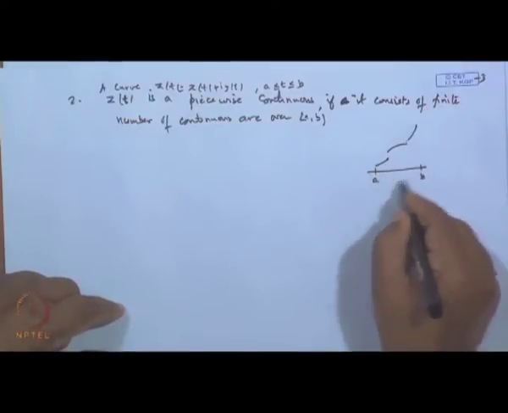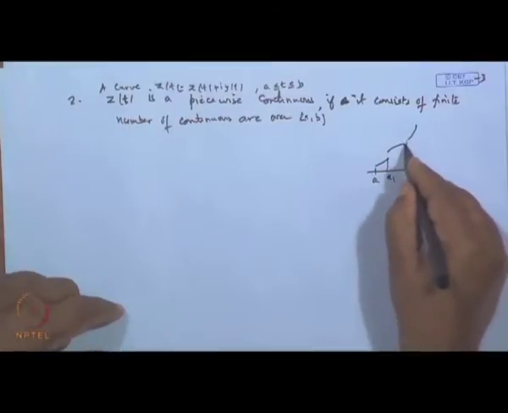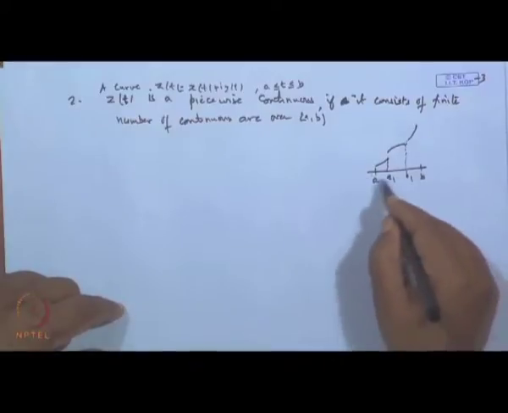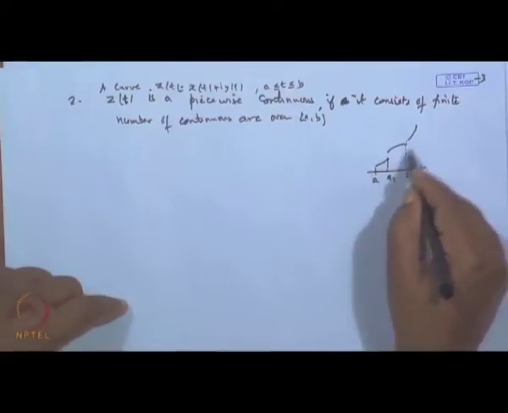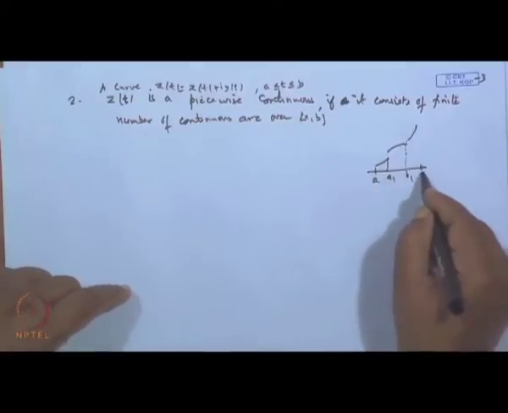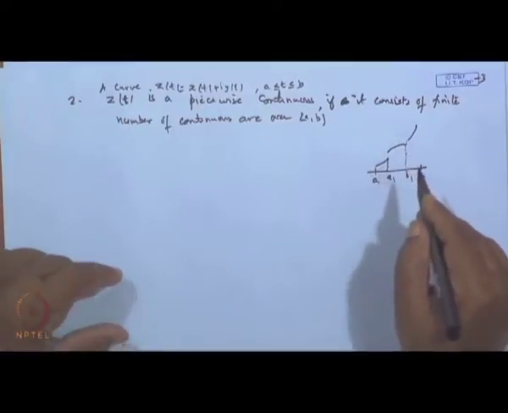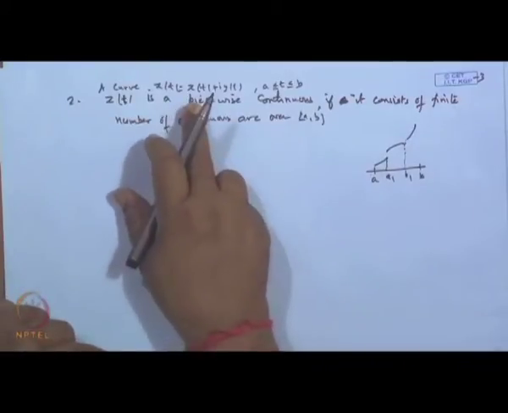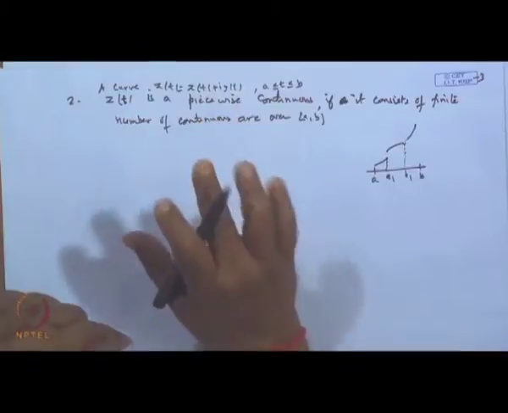But if I subdivide the interval [a, b] into [a, a1], [a1, b1] and then [b1, b], then in each subinterval the curve is continuous. So the curve as a whole from a to b is considered a piecewise continuous curve. Similarly, if the function is differentiable, its x and y will both be differentiable functions.